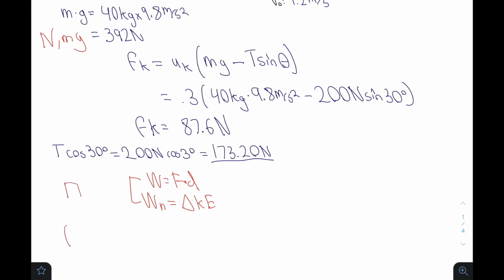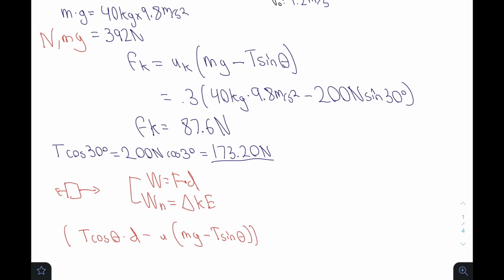We know that the box is being pulled forward and is also being held back. So we'll do the forward force work minus the backwards work being done by friction. So we can represent that as T cosine theta times the displacement minus the friction force, which is going to be the coefficient of friction times the normal force, mg minus T sine theta.